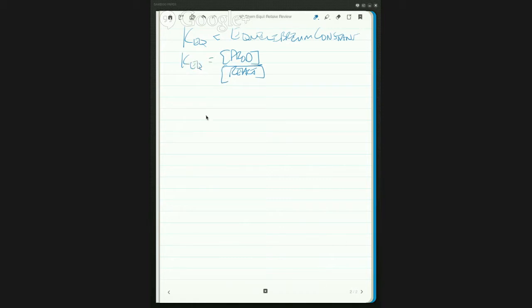And it represents the point in a reaction in which the concentration of the products and reactants remains constant. A K exists when you have a reaction that goes forward and backwards. Remember that K is, the definition is the rate of the forward reaction equals the rate of the reverse reaction.